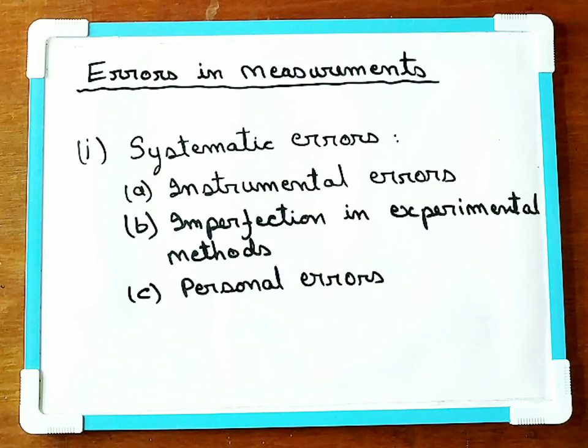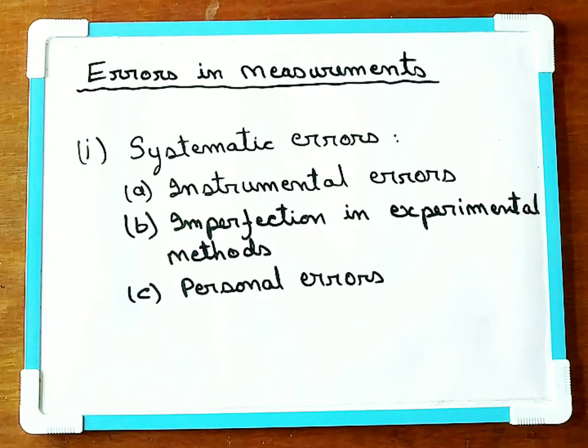Sometimes you may not take the reading properly, sometimes you may not follow the procedure. So personal error is error from your part, you're not doing it correctly. So these are the sources of systematic errors: the first is instrumental errors, the second is imperfection in experimental methods, and the third is personal errors. These are all known errors, and they can be minimized by taking precautions.